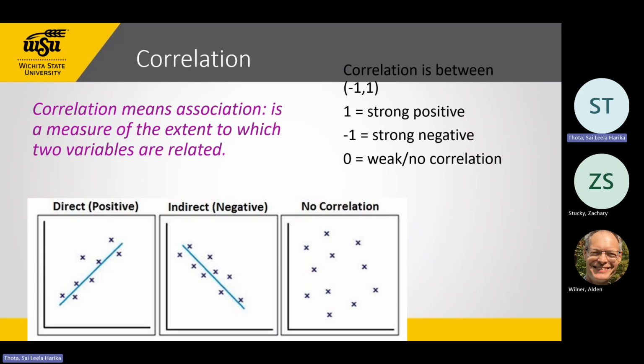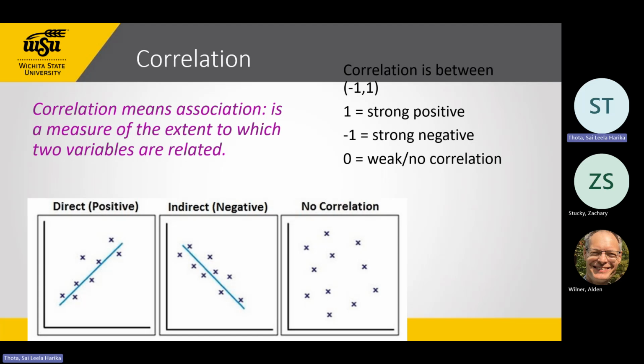For example, if you are trying to predict the price of the house based upon the square feet of the house, it is a positive relation. If the square feet of the house is increasing, the price of the house will definitely increase. That is the positive correlation. So one variable is changing with respect to another variable in a positive way.